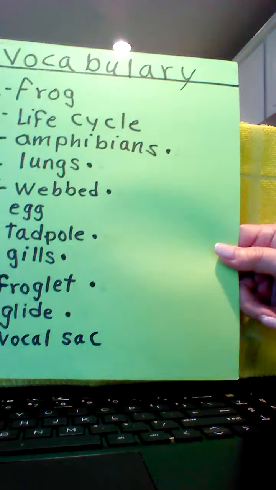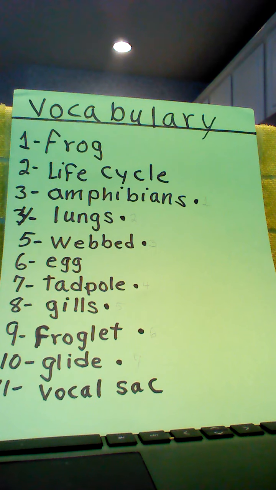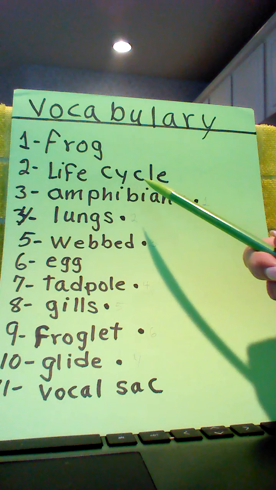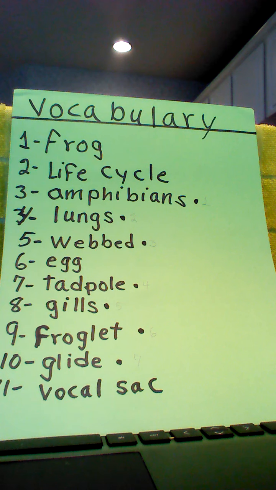In this book, we're going to find these vocabulary words that we're going to read. The first one is frog, life cycle, amphibians. The amphibians is a type of animal including frogs and salamanders that live on land and in water.